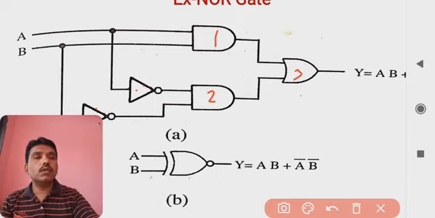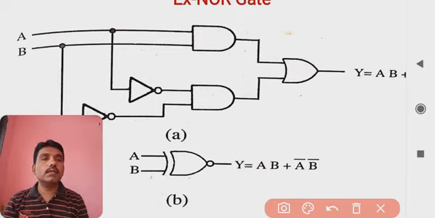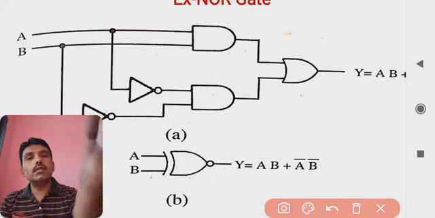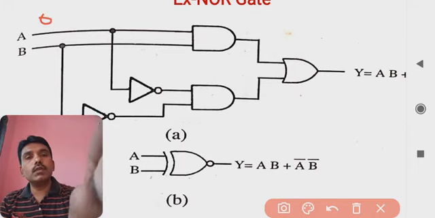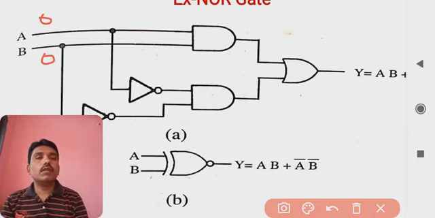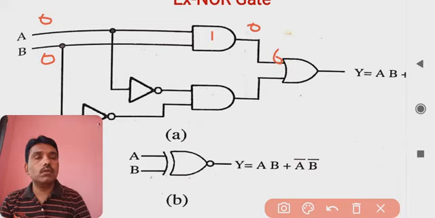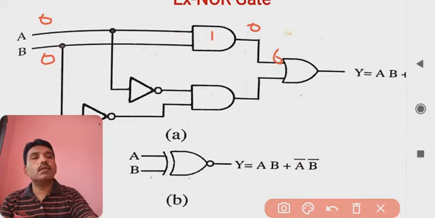So for this exclusive NOR gate, let's put the condition 0 0. The 0 0 input goes to the first AND gate, and as we know 0 0 gives output 0, and this output goes to the third OR gate.